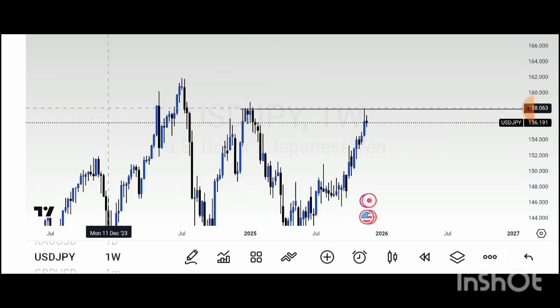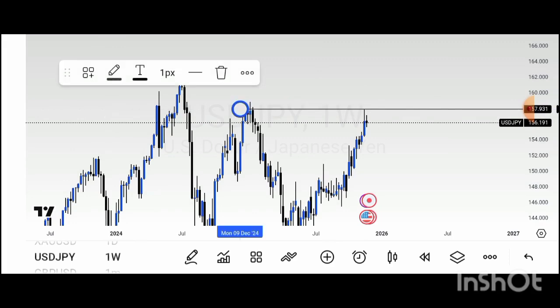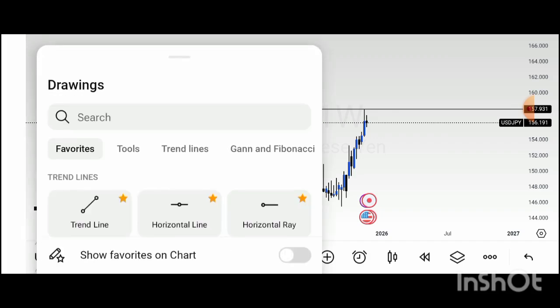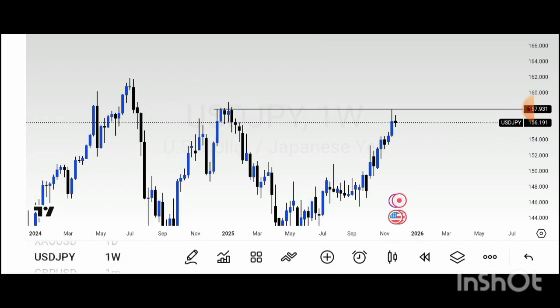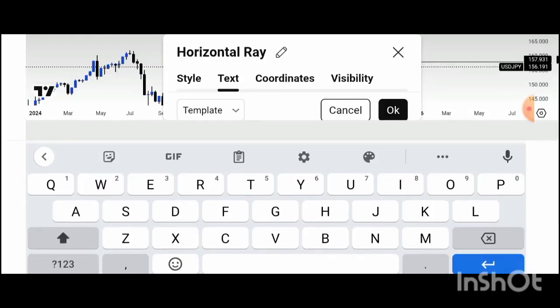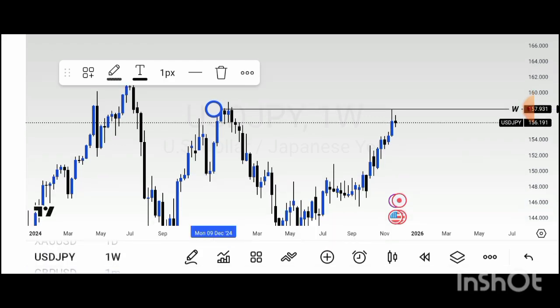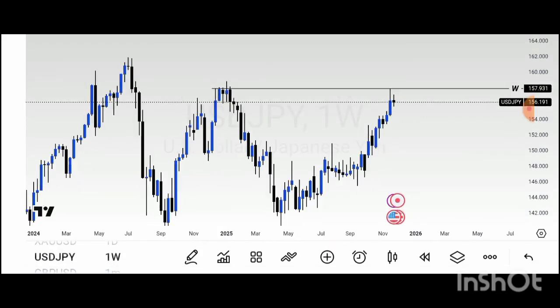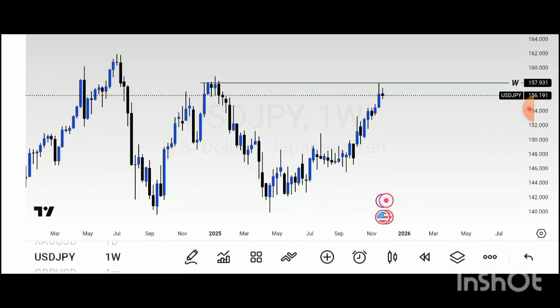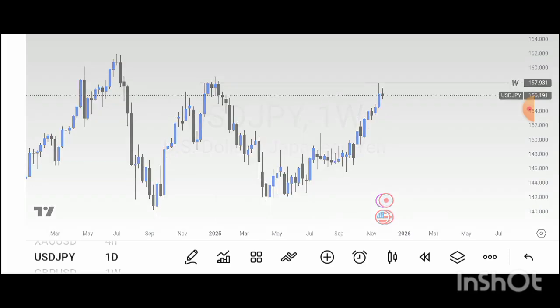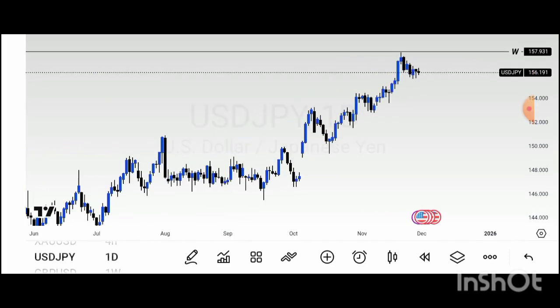I'm drawing this key level here because you can see that it's reacting already. So I'm going to target W, that's weekly key level, weekly resistance. Now the market has touched that resistance and you can see that it's reacting to it. So let's go down to make more sense of the current market circumstance.